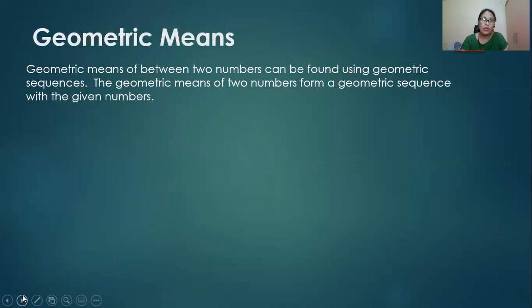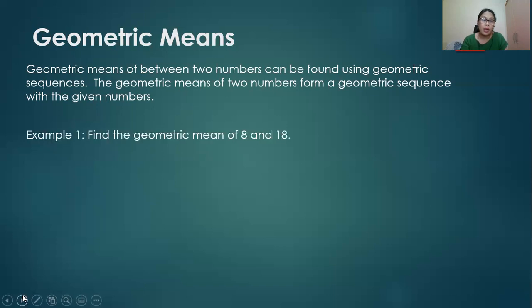So this time we go with geometric means. When we say geometric means between two numbers, we can find any geometric means between two numbers or geometric sequences. So it follows that the geometric means of two numbers form a geometric sequence with the given numbers.